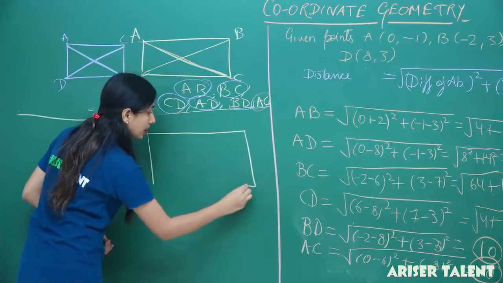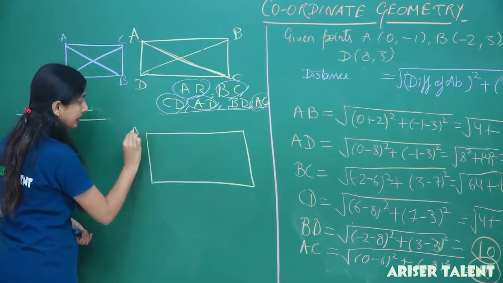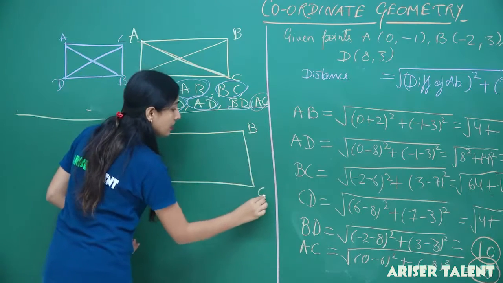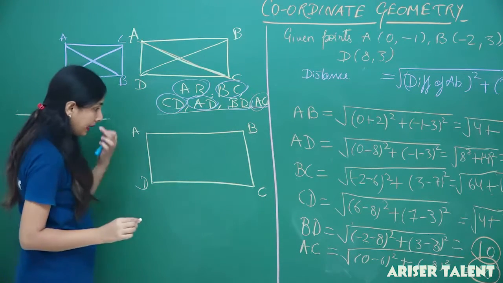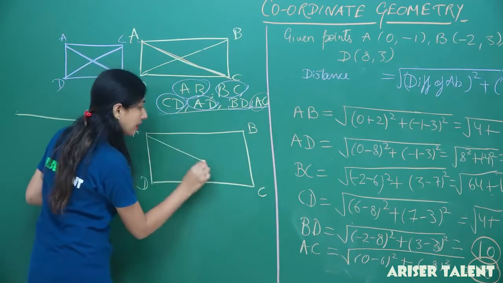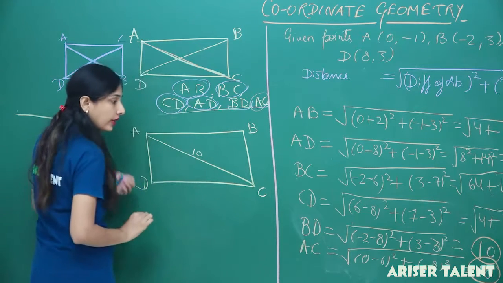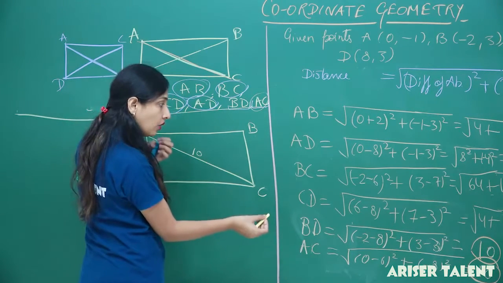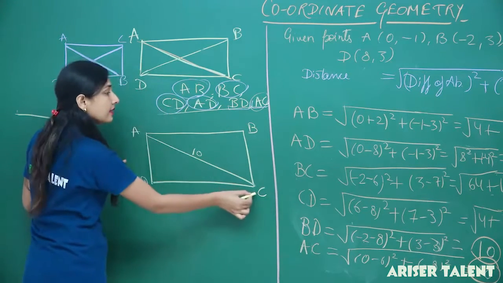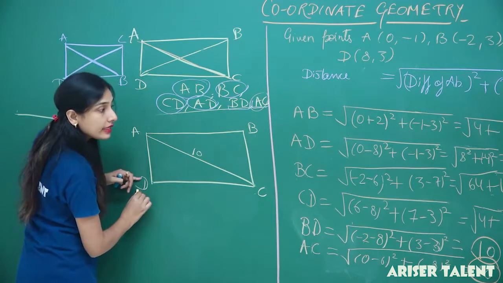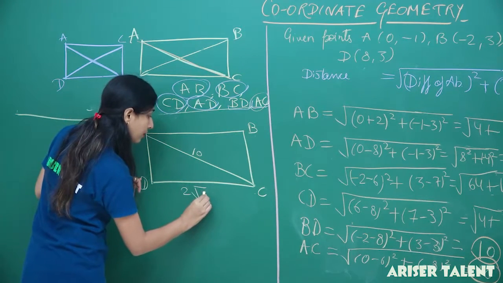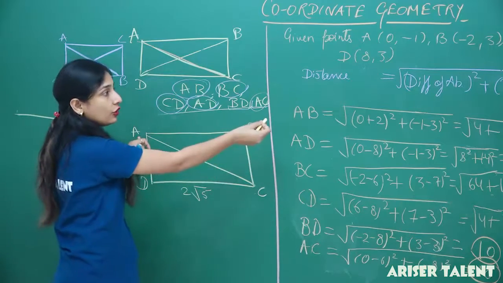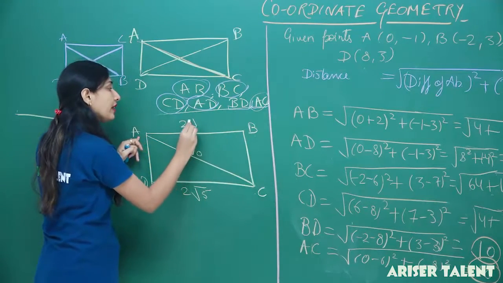We'll make a rectangle A, B, C and D. AC is 10. Now CD, that is C and D, has a value of 2 root 5. So the value of AB is also 2 root 5.